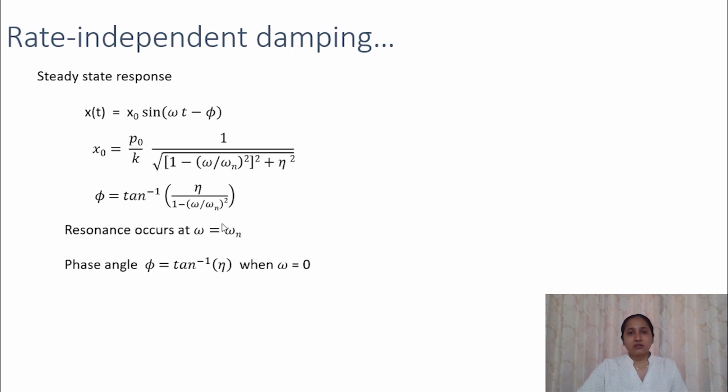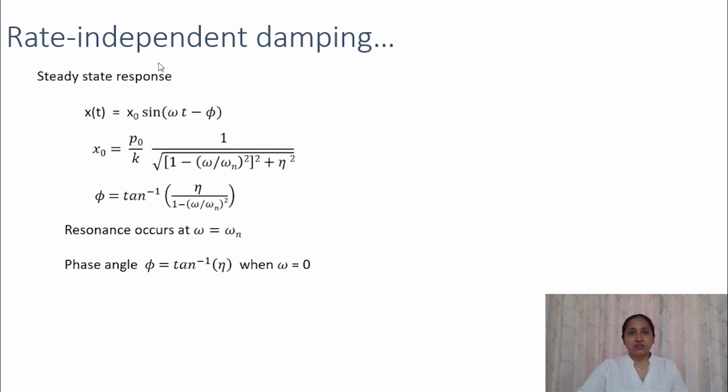And here, if we look at it, the maximum response, that is resonance, occurs when omega is equal to omega n. So when omega is equal to omega n, we get the maximum response. In the case of viscous damping, the resonance used to occur when omega was slightly less than the natural frequency.